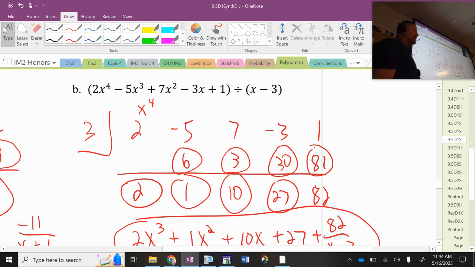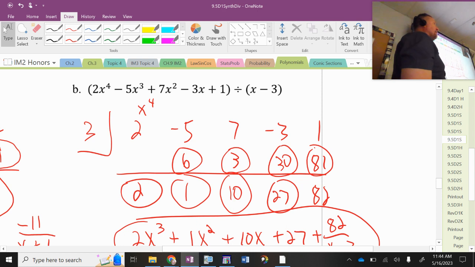Why is it no? Because the remainder is not what number? No, not 1. Don't listen to her. The remainder would have to be what? Not 0. The remainder would have to be 0 for it to be a factor.